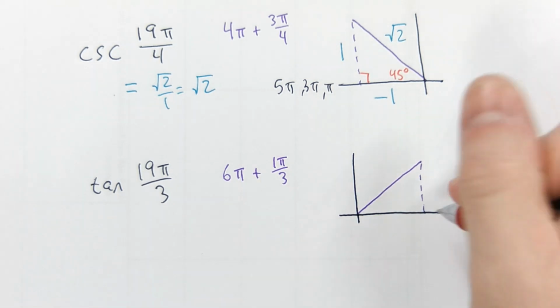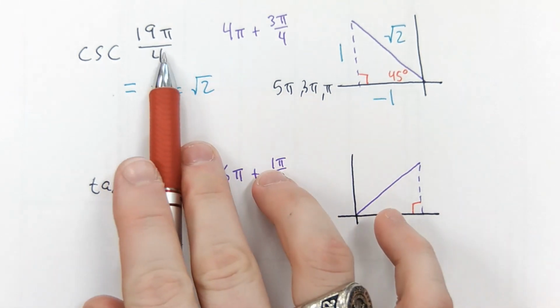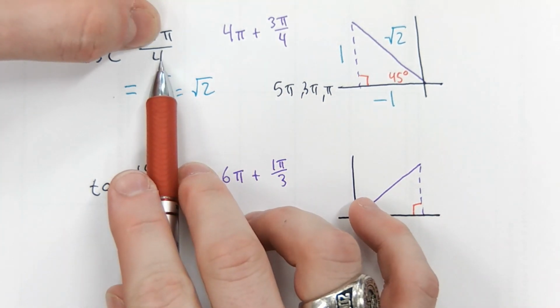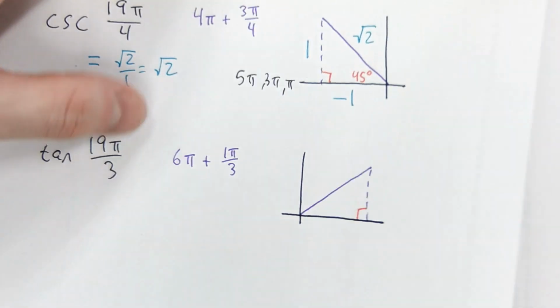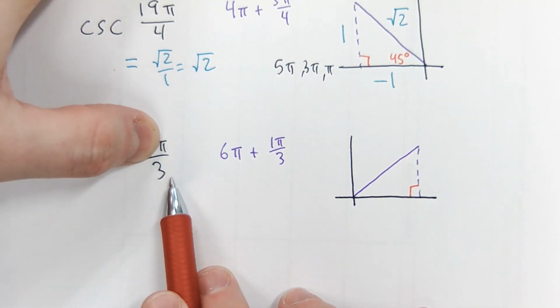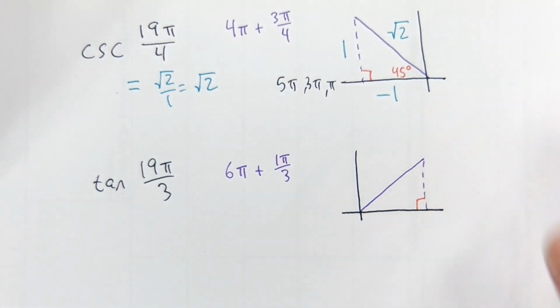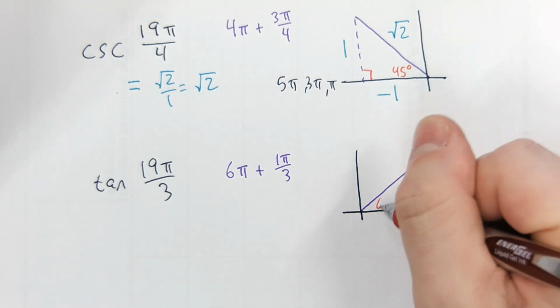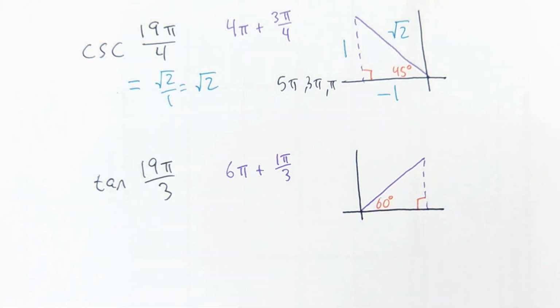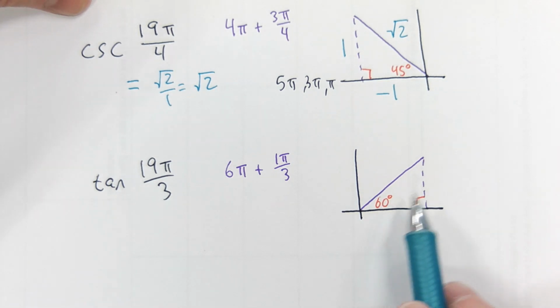So first we decide where we're going to draw a triangle. Then we decide what kind of triangle. You see, last time it was a pi over 4 triangle, which is 45 degrees. This is a pi over 3 triangle, 180 over 3, which is 60. So I have a 60-degree reference angle in quadrant 1. The nice thing about quadrant 1 is that everything is positive here. Now we fill out a 30, 60, 90 triangle, where the 60-degree angle is always across from a side of length root 3.